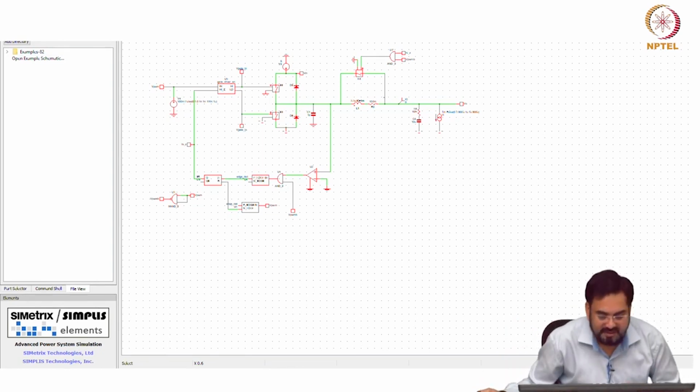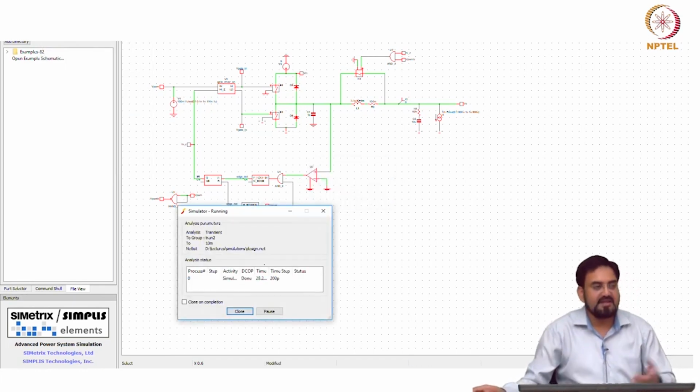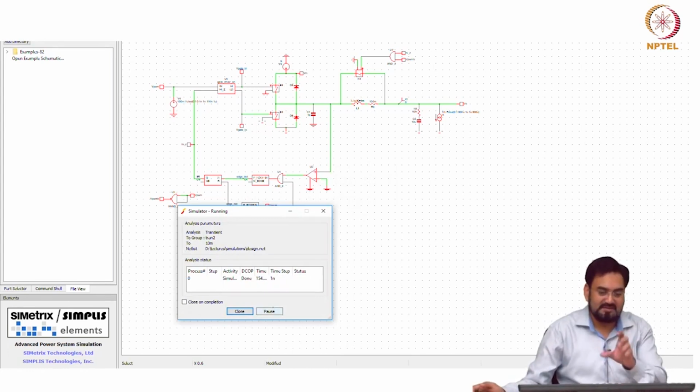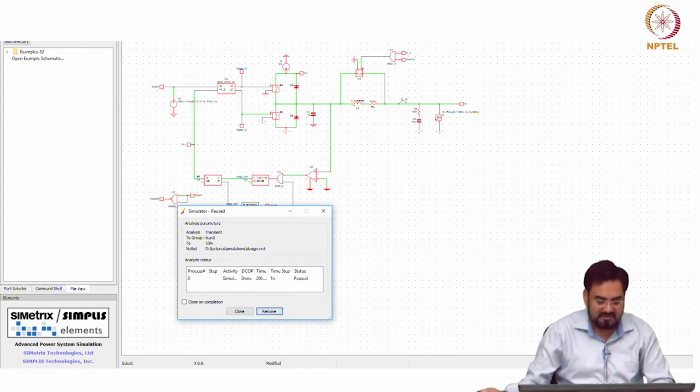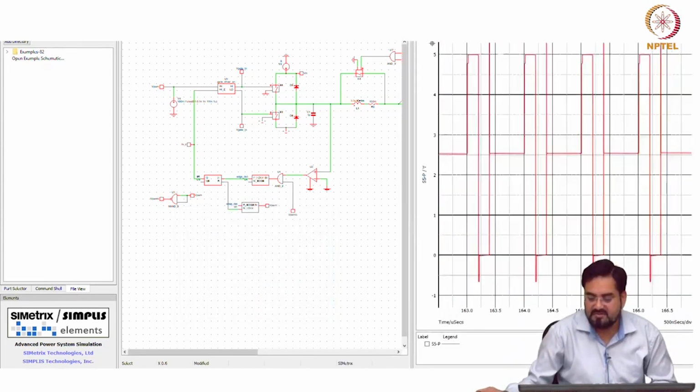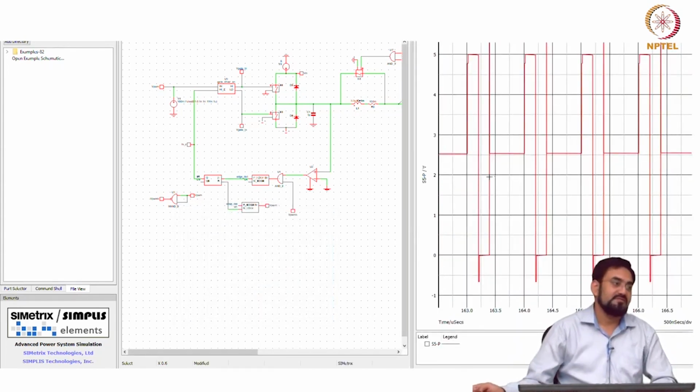So, now let us see, I have just connected this and resimulated it to see if that ringing goes away. By the way, this is called a freewheeling switch. See, very clean output, no ringing.